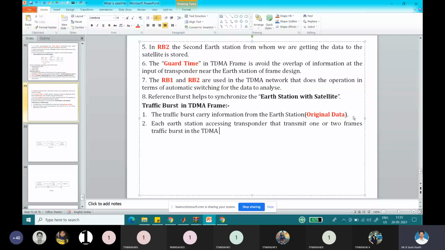What this indicates is that in the TDMA frame we can have more than one traffic burst frames: a minimum of one, or two, or n number of traffic burst frames. So the Earth station accessing the transponder will transmit one or two frames of traffic burst in the TDMA frame.